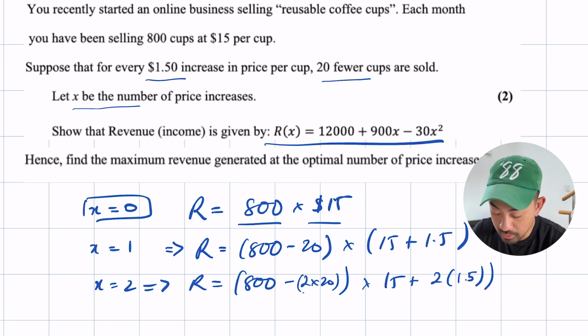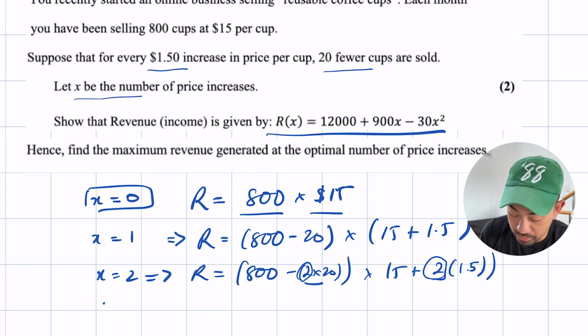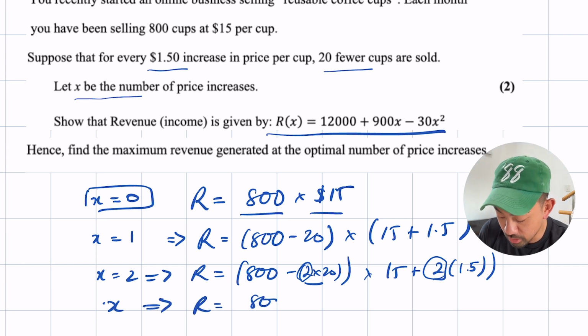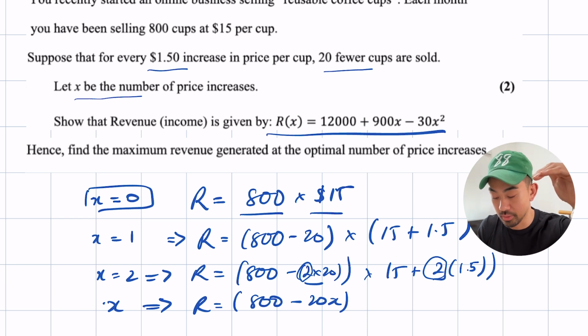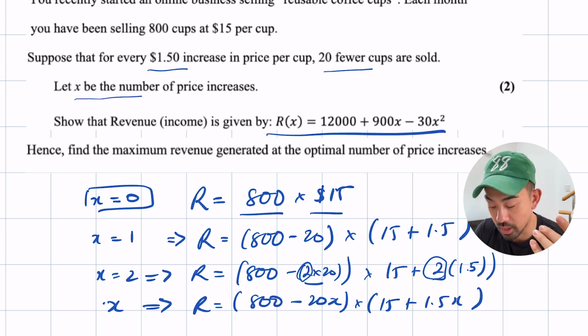So here is where the price increase is happening, where this 2 is. In general, when it's just X price increases, your revenue will be 800 minus 20X, representing each rise in price increases, times 15 plus 1.5x, which is the price increase per cup.